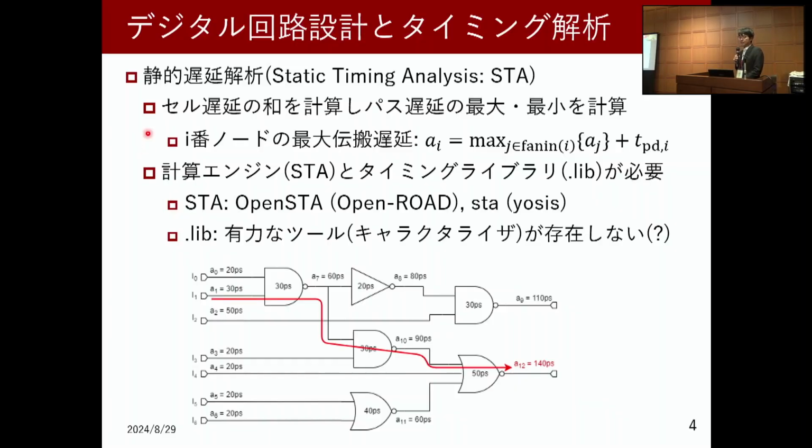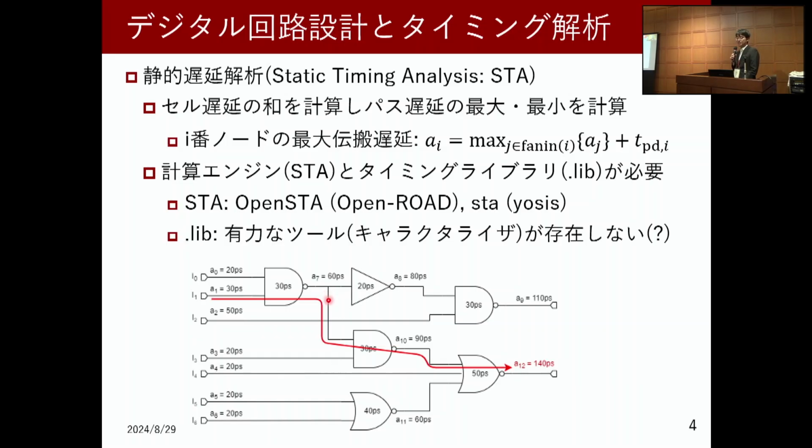One example is timing analysis, static timing analysis, STA. In STA, we want to measure the maximum delay from input to output to evaluate the maximum operation speed. To calculate this maximum delay, we need to calculate this max operation for each node.